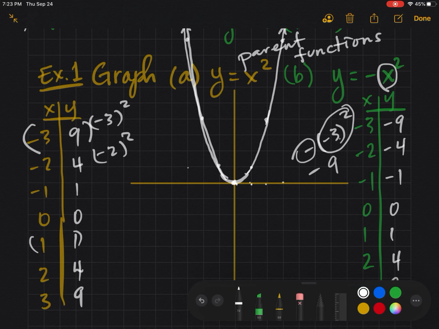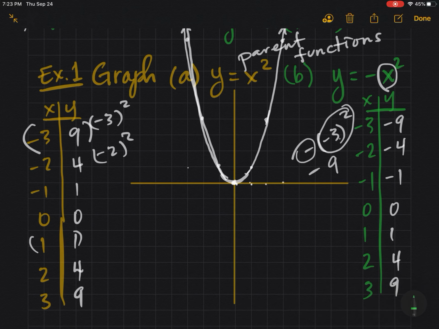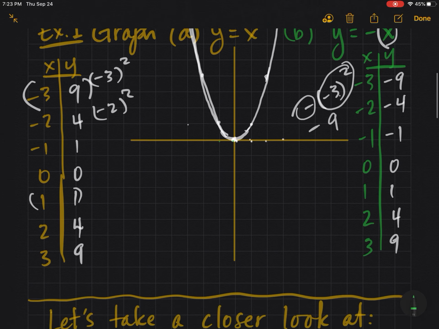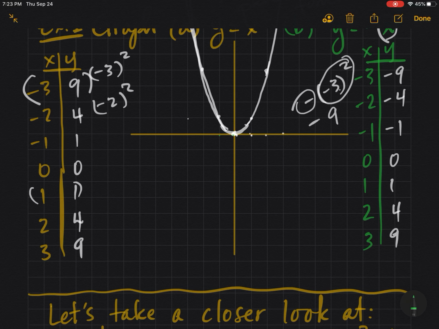And if we plot these points, we'll see the same exact shape but flipped down. -3 goes to -9. 1, 2, 3, 4, 5, 6, 7, 8, 9. -2 goes to -4.